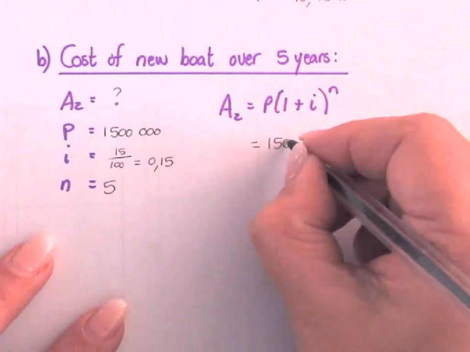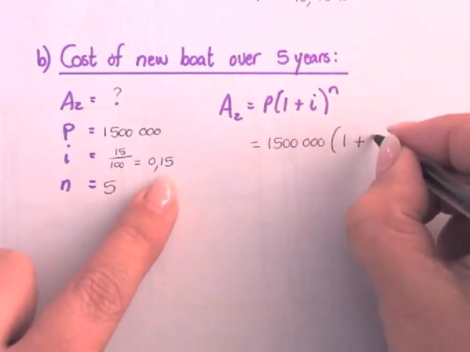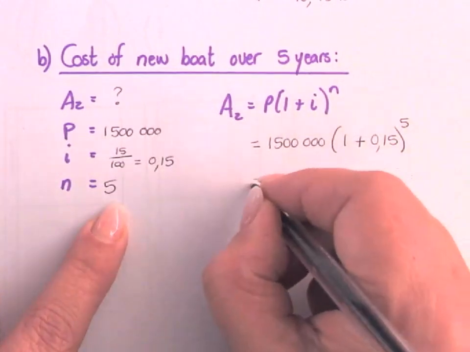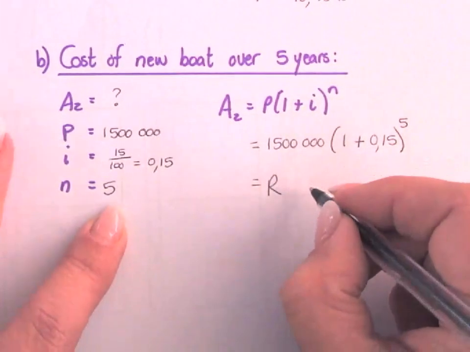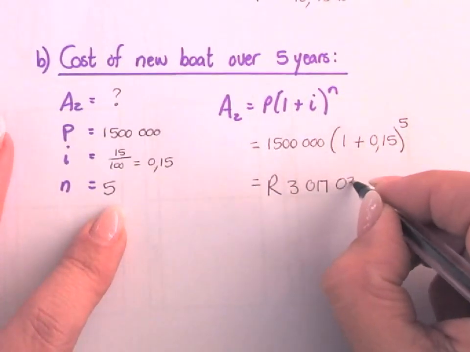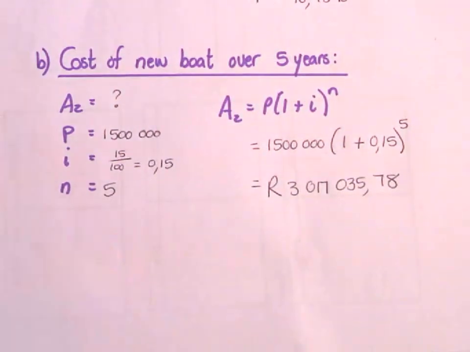P is 1.5 million, 1 plus I is 0.15, to the power of 5, and we get 3,017,035.78. So the new boat will cost that if the interest rate is 15% over 5 years. Any questions?